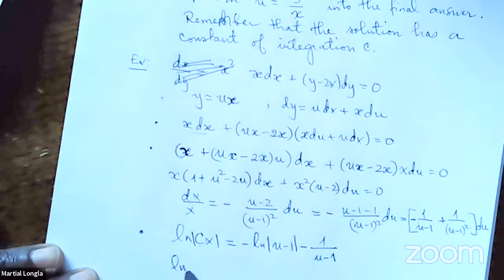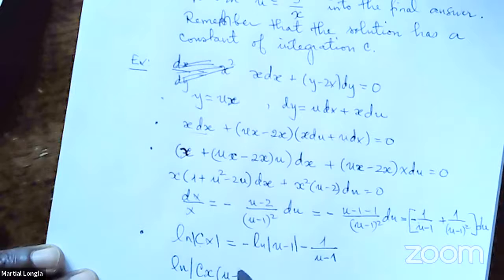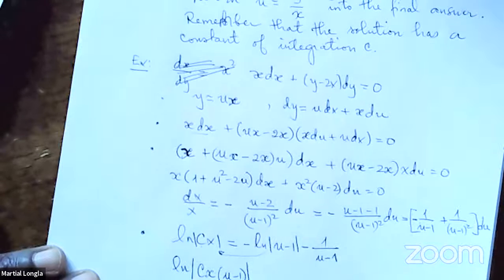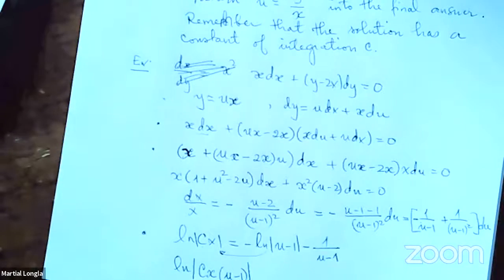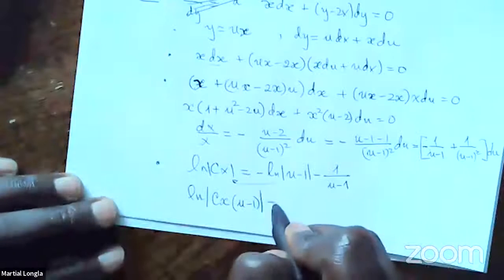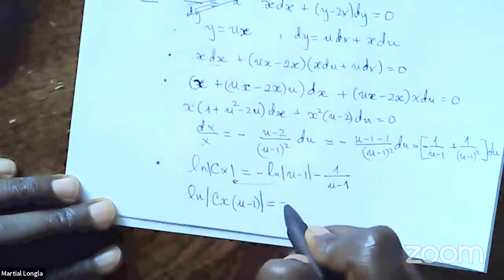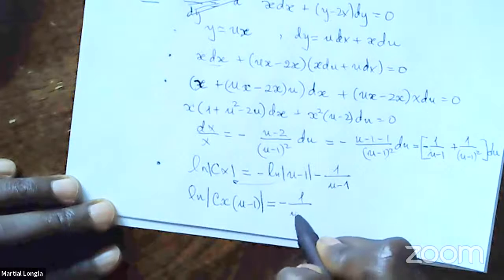So you get natural log of absolute value of cx times u minus 1. If I bring this to this side, it becomes plus, and natural log becomes the natural log of the product. And I have that equal to negative 1 over u minus 1.